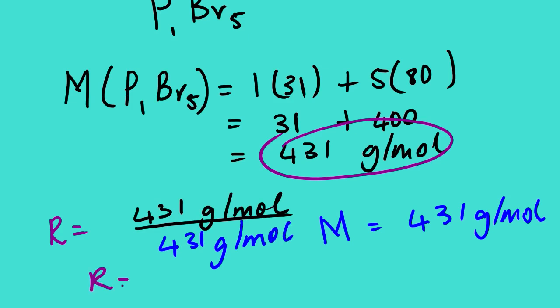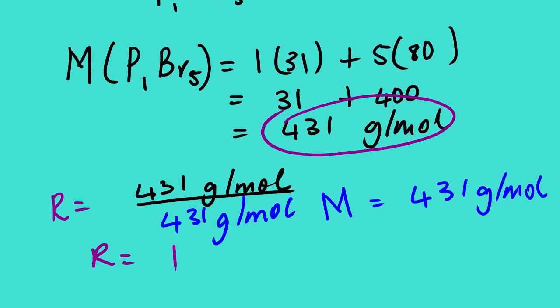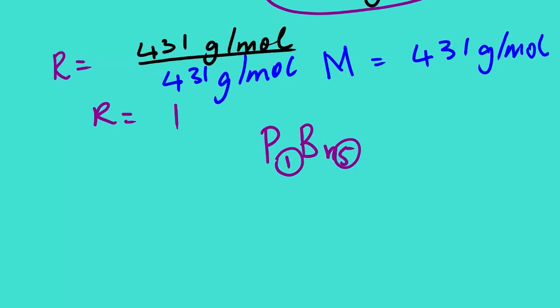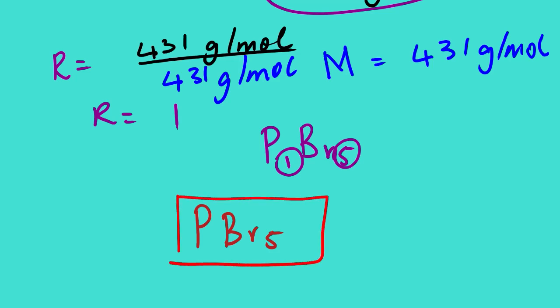So R will be equal to 1. Now from the empirical formula, 1 multiplied by 1 is 1, and 1 multiplied by 5 is 5. So the empirical formula is the same as the molecular formula, and that is actually possible. So this is the answer to this question.